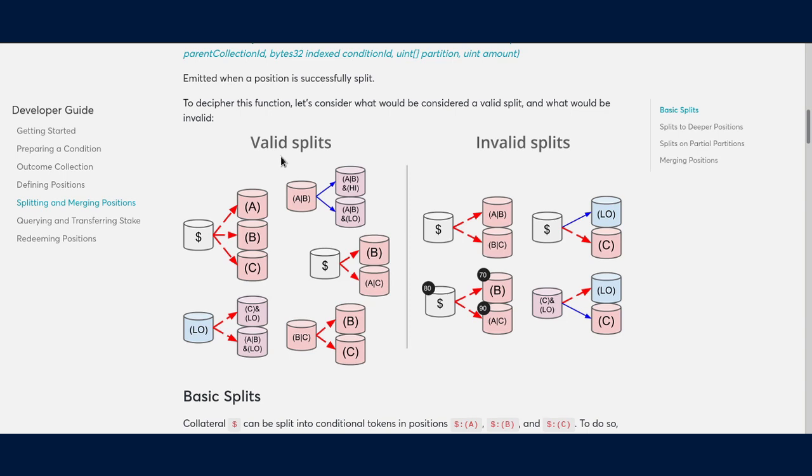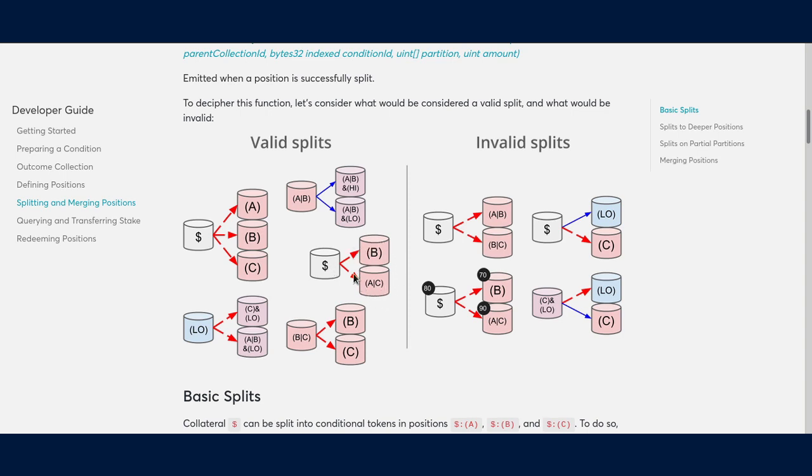We take a look at this diagram in the developer guide. We can see a number of examples of valid and invalid splits. In this diagram, the $ sign represents some collateral token, so just some ERC20 token. The split we just performed basically took some amount of this collateral token and turned it into conditional tokens, similar to how is diagrammed here.